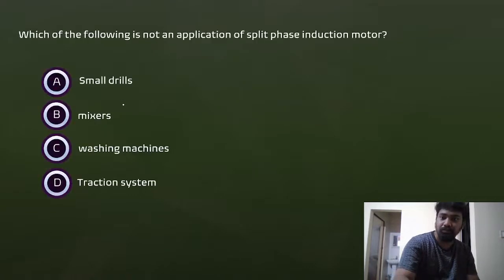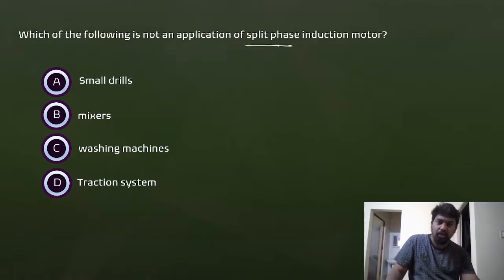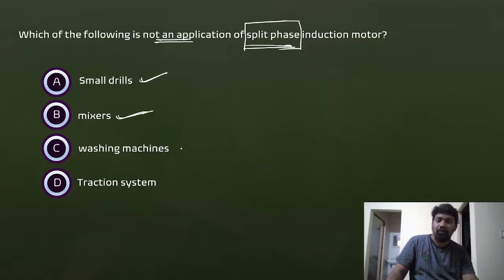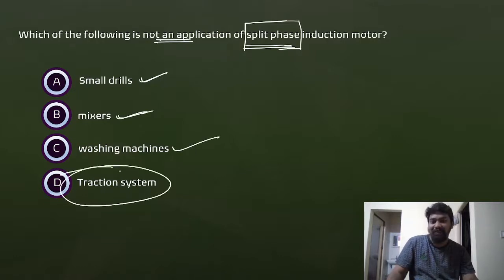Next. Which of the following is not an application of a split phase induction motor? He asked about the resistance split phase induction motor, and which of the following is not an application. Small drills are an application of split phase motor. Mixers we generally use. Washing machines we generally use. And traction system: for traction we generally use series motor.